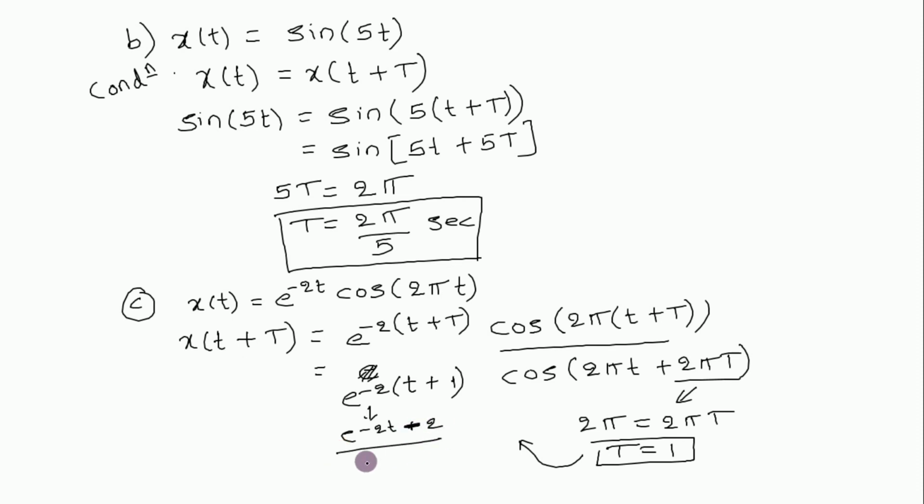So this is not a periodic signal. Even when you multiply it with the cos signal, this will not be a periodic signal. It will not result in x of t, hence it is not equal.